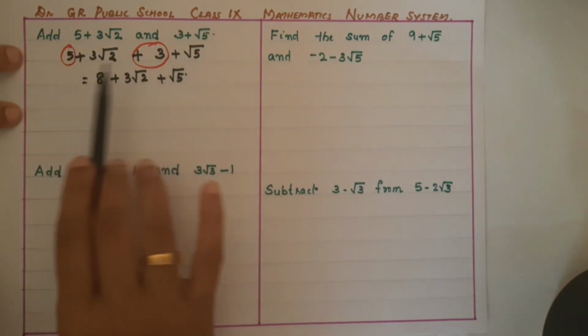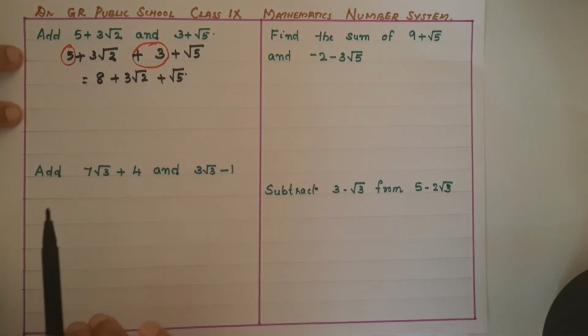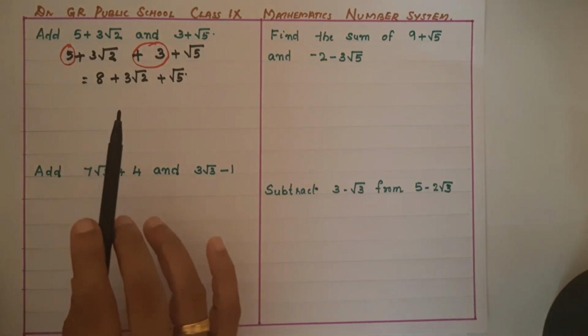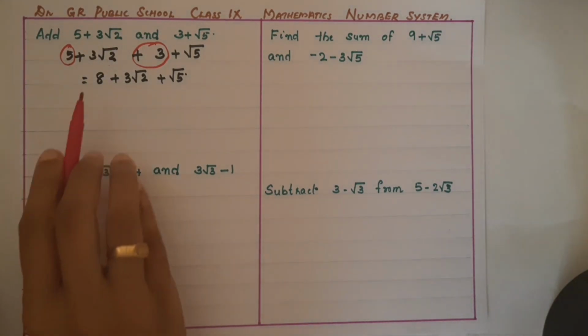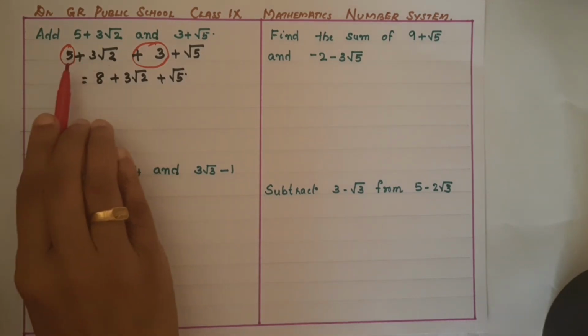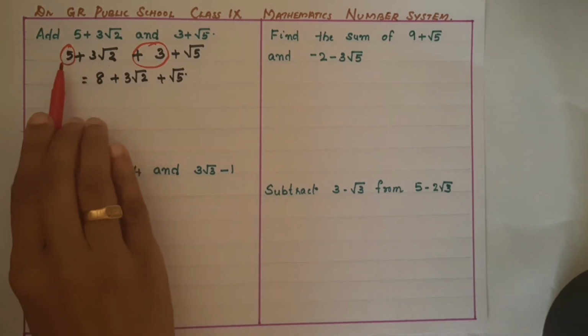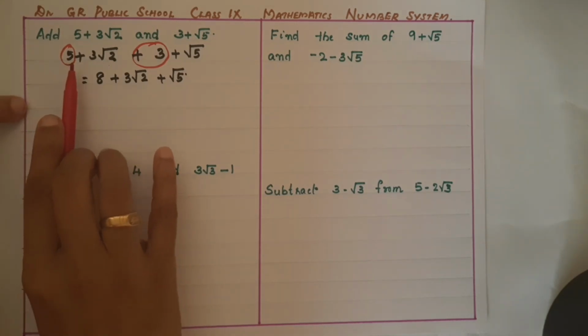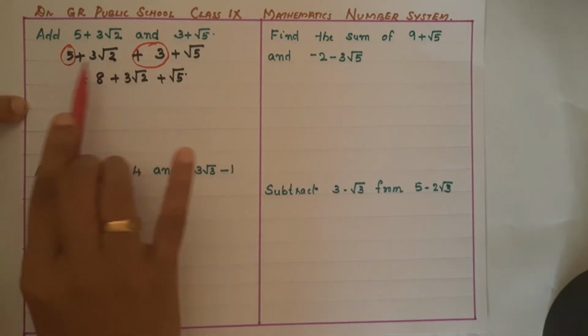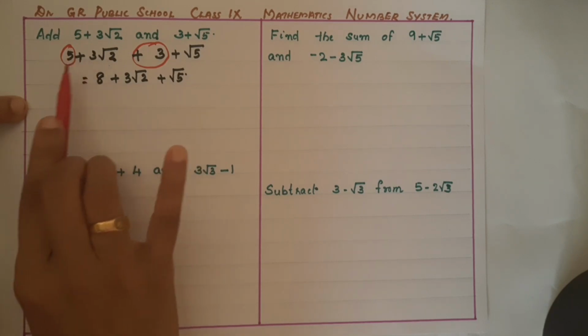So here we can add only the rational numbers. And here, don't think that this 8 we got by adding this 5 plus 3 root 2. Always children make mistakes like this. When you get the question, there is a tendency to add these two, 5 and 3.